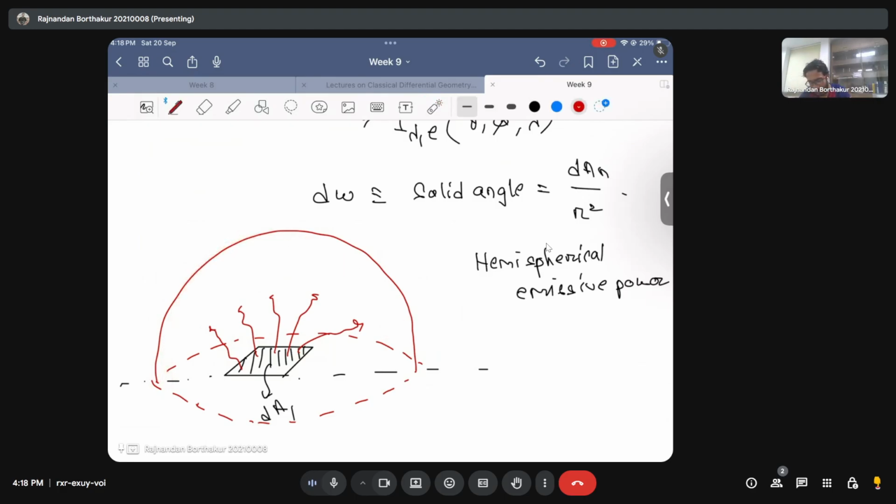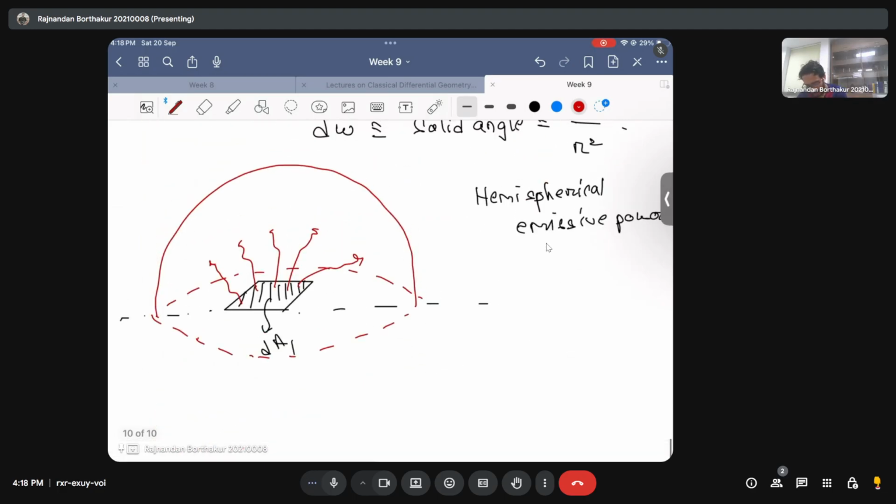So then I can write this dq lambda. What we are essentially doing is integrating this dq lambda over all the possible directions, which now is just sine theta d theta d phi, because this is the elemental area that we consider when we are defining a hemisphere.